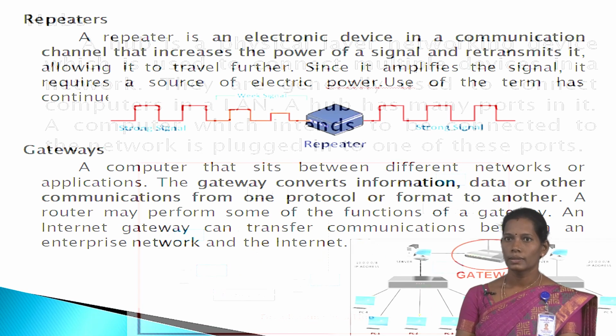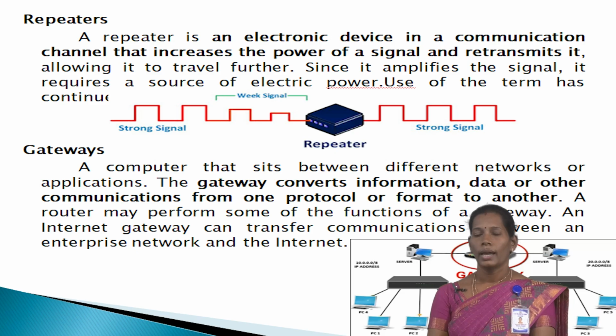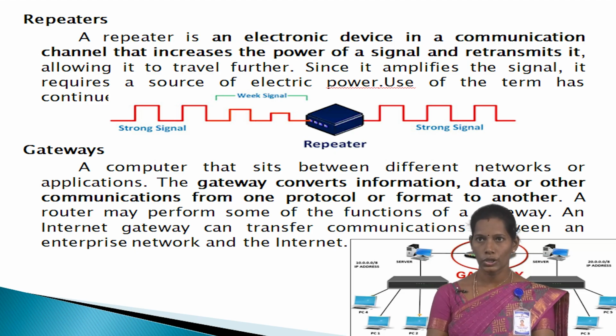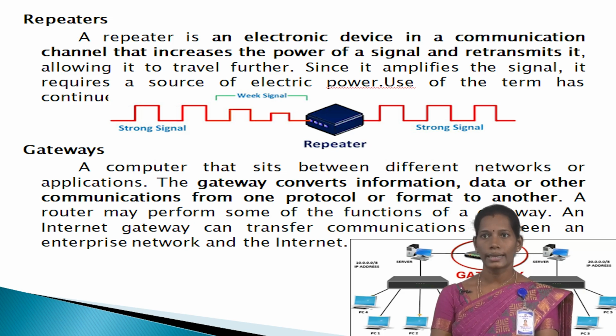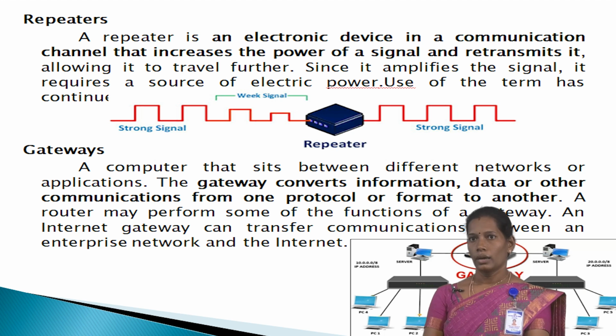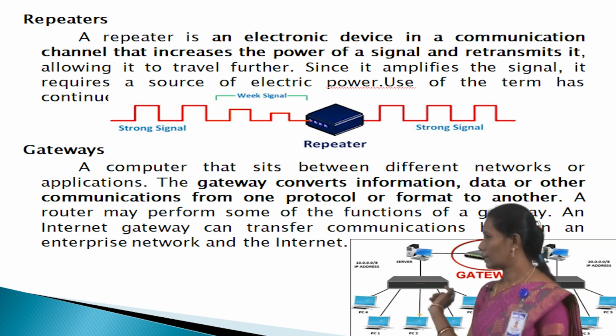And next one is a repeater. A repeater is an electronic device in a communication channel that increases the power of a signal and transmits it, allowing it to travel further. Since it amplifies the signal, it requires a source of electric power. Use of the term has continued in telephony and data communication. This is the repeater, for example.